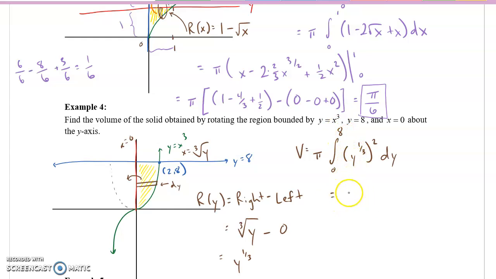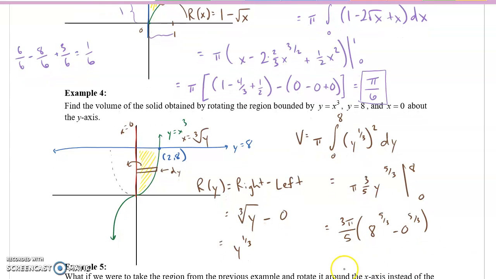So this should be pretty easy, right? Y to the 2/3 integrates to y to the 5/3. Add 1 to the exponent. Make sure you multiply by the reciprocal. And then we still have the pi. We'll evaluate that at 8, and we'll evaluate that at 0. So the 3 pi over 5 gets factored out. We'll take 8 raised to the 5/3 minus 0 raised to the 5/3.